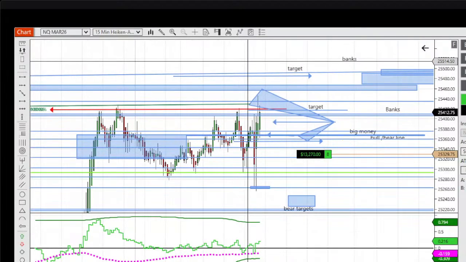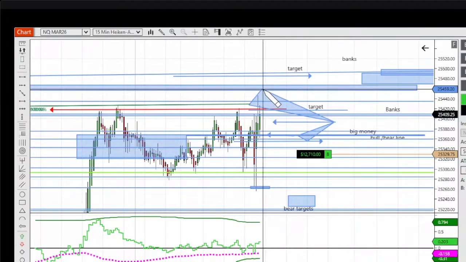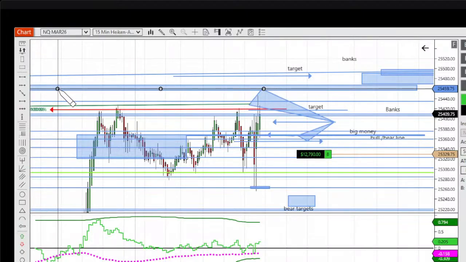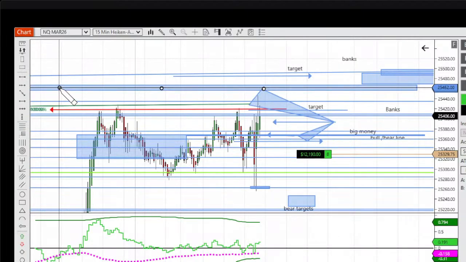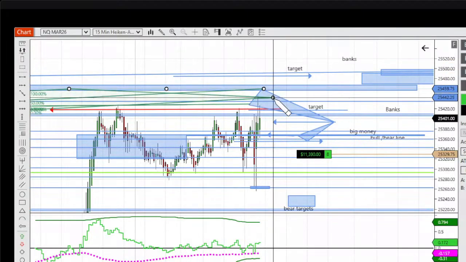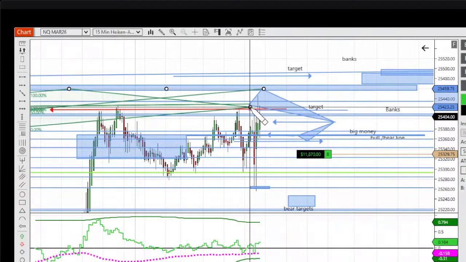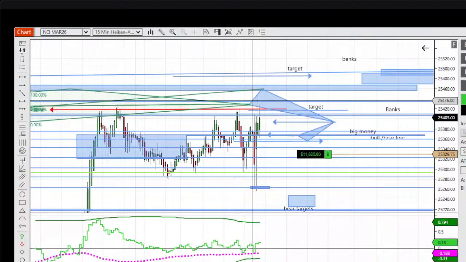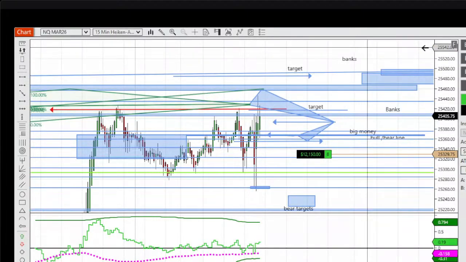That'll work. There. That's those two top targets up there.